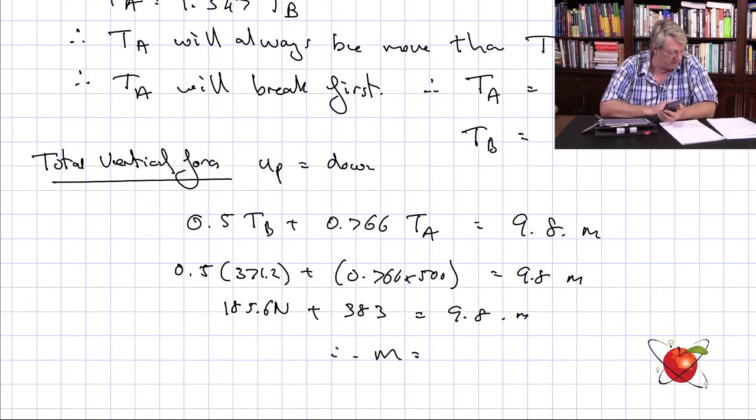Just check, yeah, it's going to be 76.9, 77 kilograms or so. 0.766 times 500, yep, 383, and 371.2, we know that one is there, so therefore we get 77 kilograms, okay? That's what we can put on there as a maximum weight.